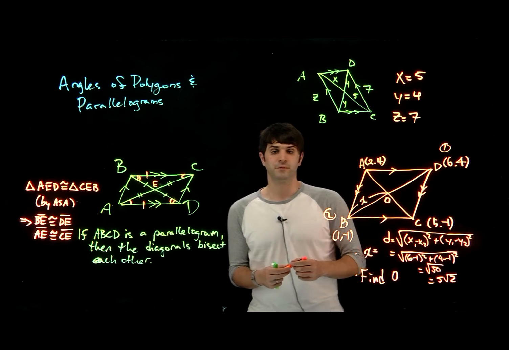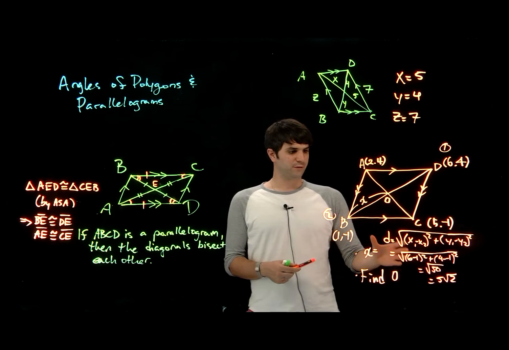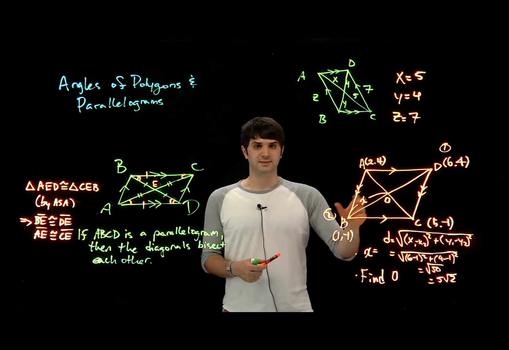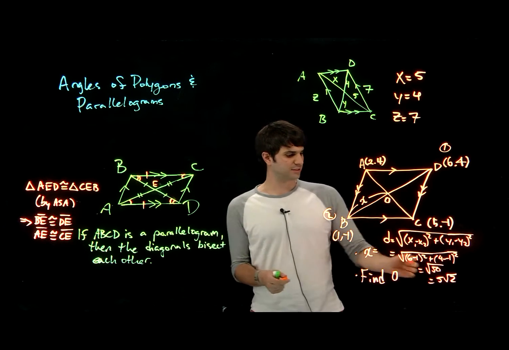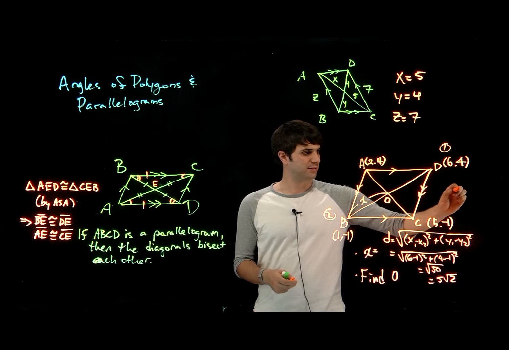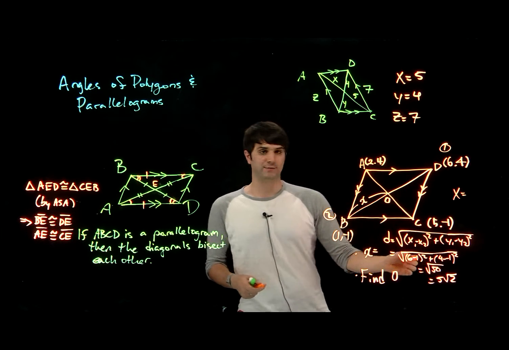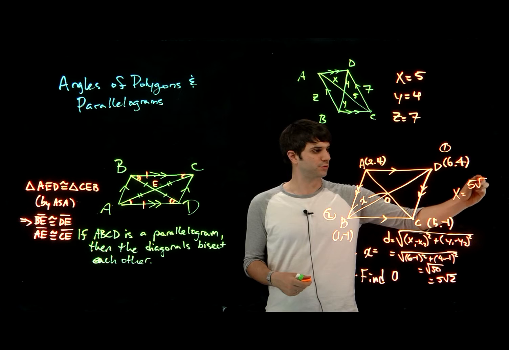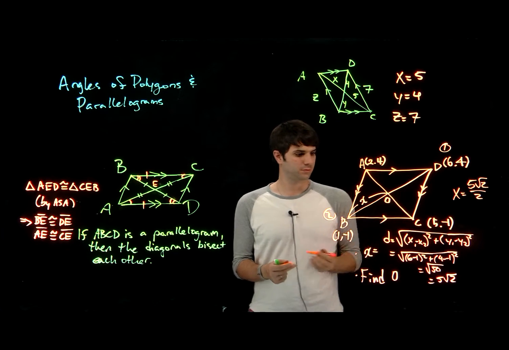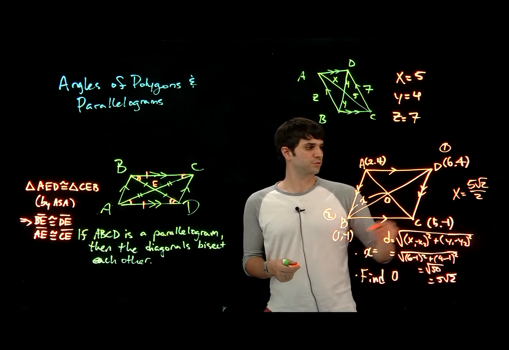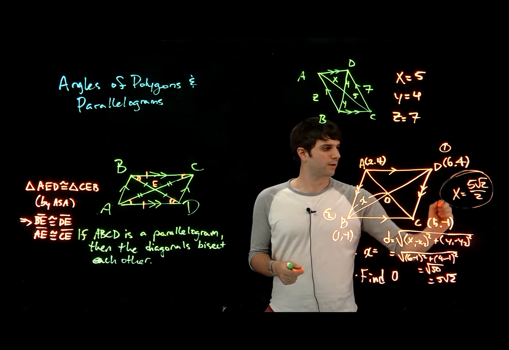Now, if we want to find what x is, x is going to equal half of that. So x equals 5 root 2 over 2. That's going to be one of our answers.